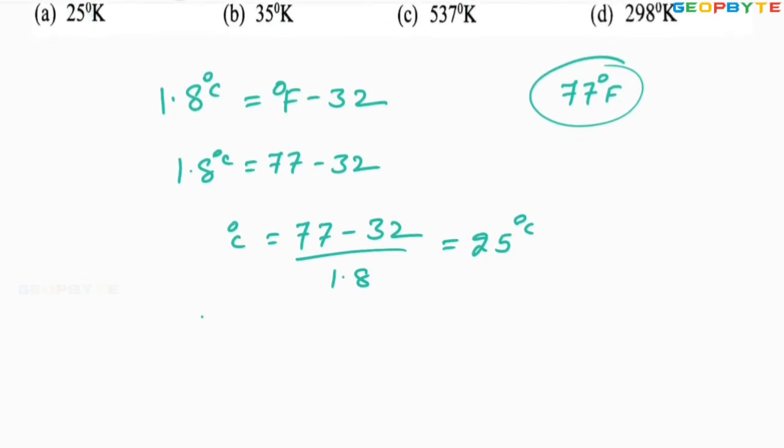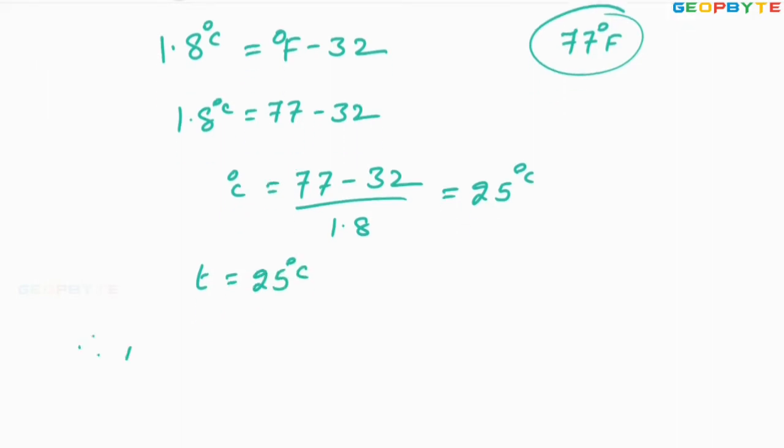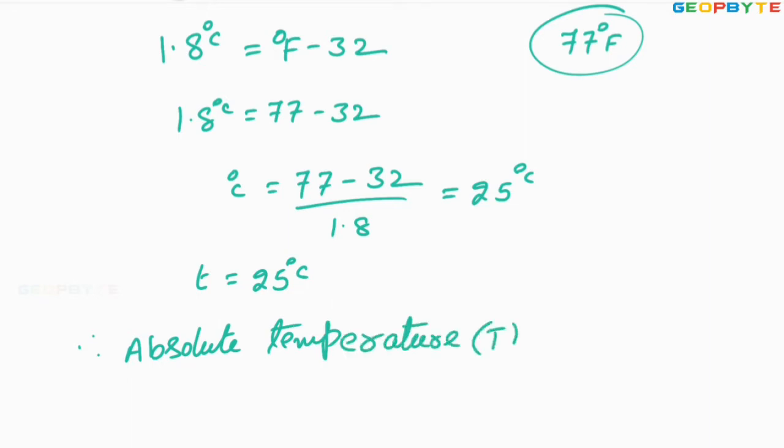So here thermometer reading t equals 25 degree centigrade. Therefore absolute temperature in Kelvin equals thermometer reading in degree centigrade plus 273.